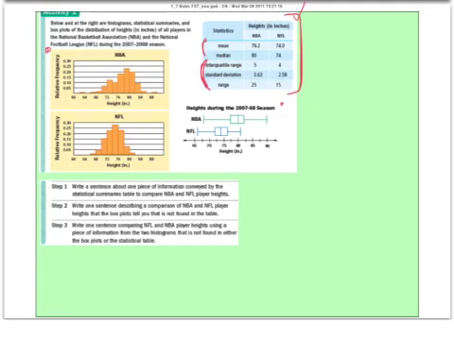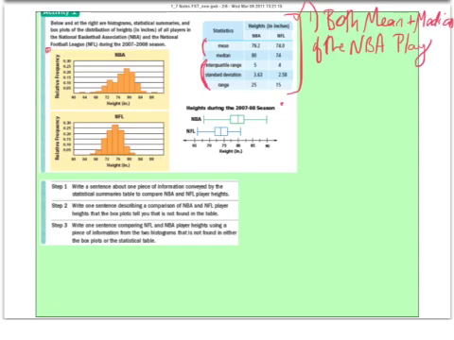So one thing you could say for step 1 is something like this. You might say that both the mean and the median of the NBA players are higher than those of the NFL.